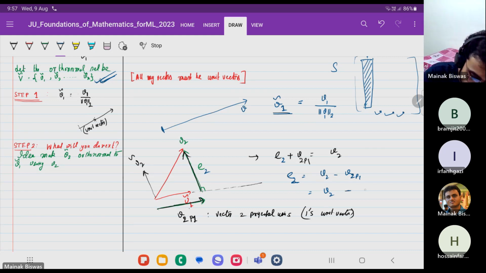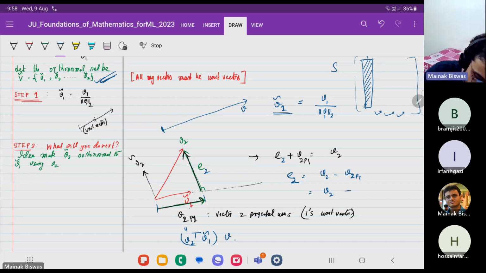So what is VP1? V2P1 is the dot product of v2 and v1, so v2 transpose v1 tilde. This is the length that you will get, right?